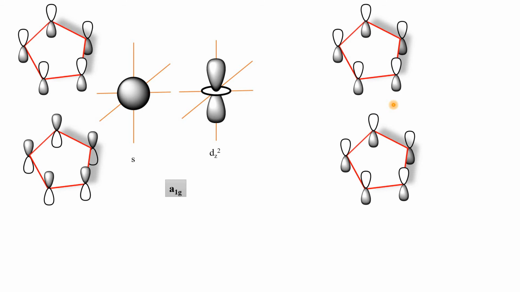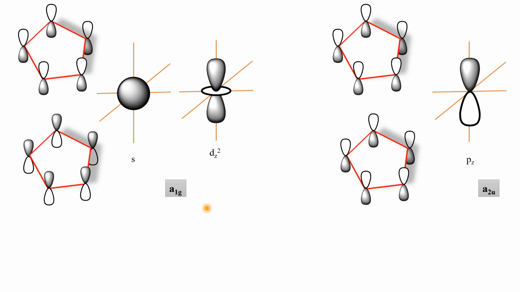So we need one orbital which has matching symmetry or matching sign of wave function with this orbital, and this is PZ. There is shaded, there is non-shaded, and this combination is known as A2U. U means this is anti-symmetric with respect to the inversion center, and G is symmetric with respect to the inversion center. So it is one of the combinations, illustrated by taking an example.